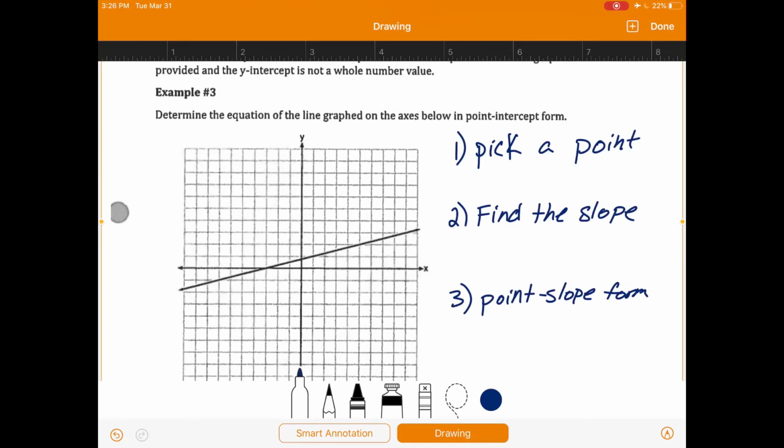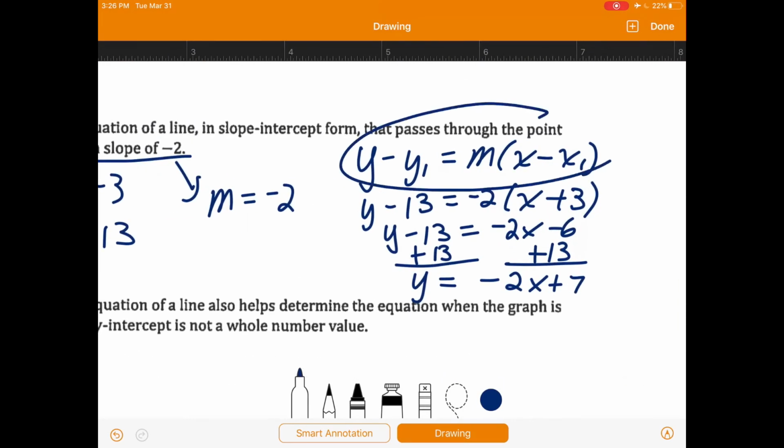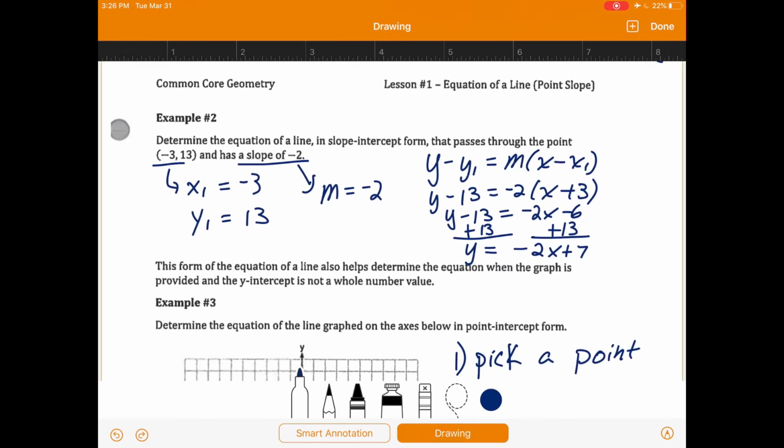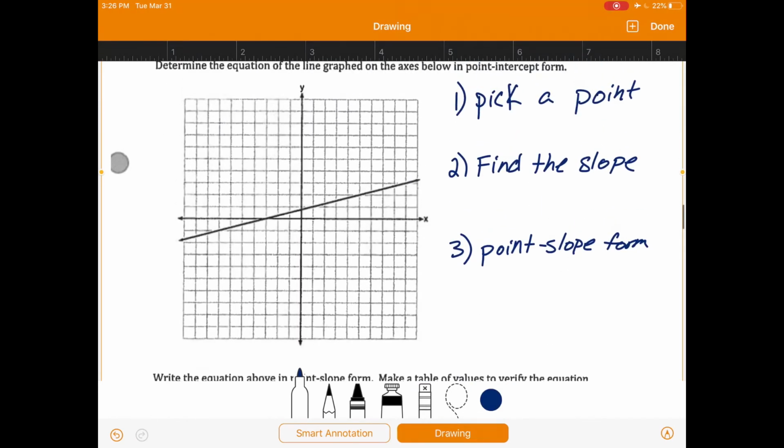And then after that, we're going to do the same exact process that we've been doing. Once you plug it into this, then you can come up with your own y equals mx plus b. And finding out what the y-intercept is going to be whatever b is in your y equals mx plus b.